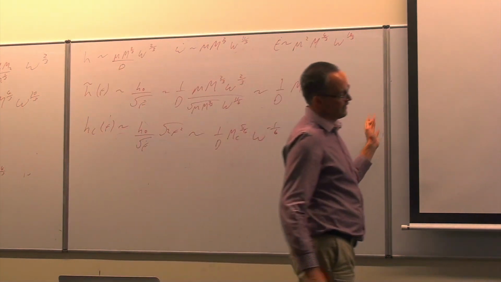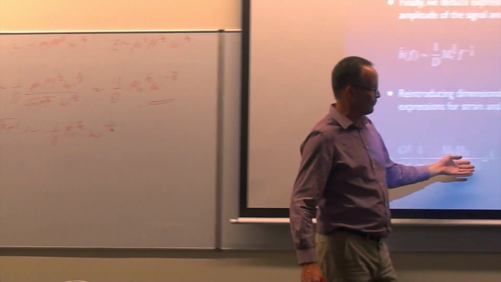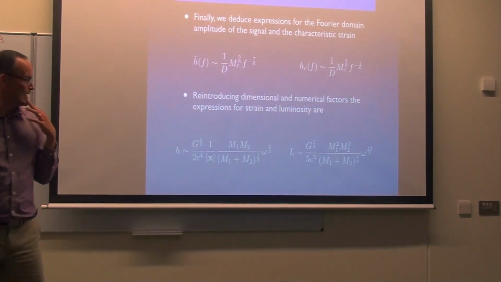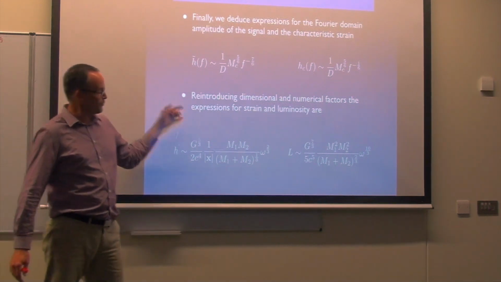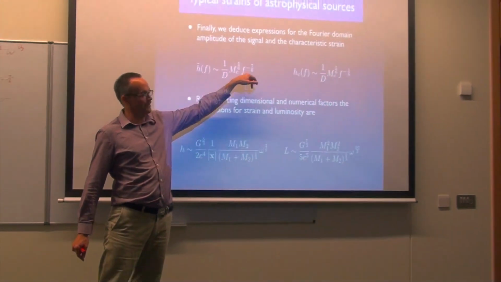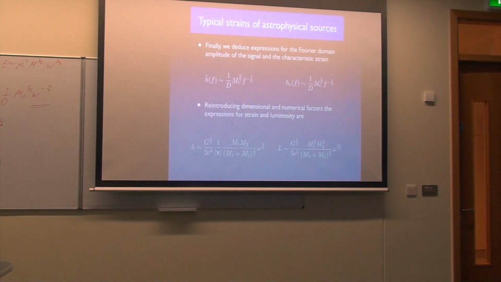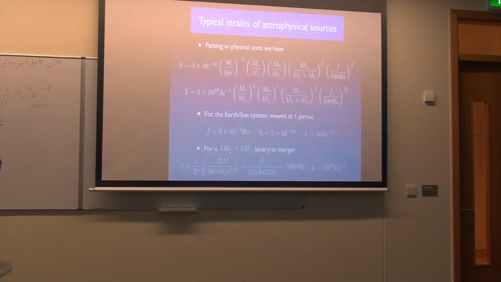If you put them back in, you get expressions here, and also introduce the numerical factors. The details aren't important. The purpose of this was to work out how things scale with mass and with frequency. In particular, this one we'll come back to when we talk about backgrounds in a few minutes, because you have a different scaling for backgrounds, and the reason for that I will explain when we get there.